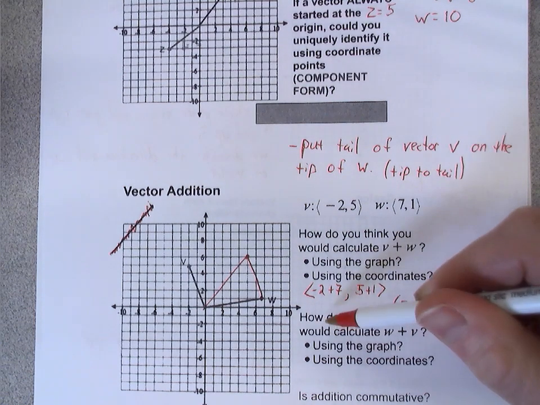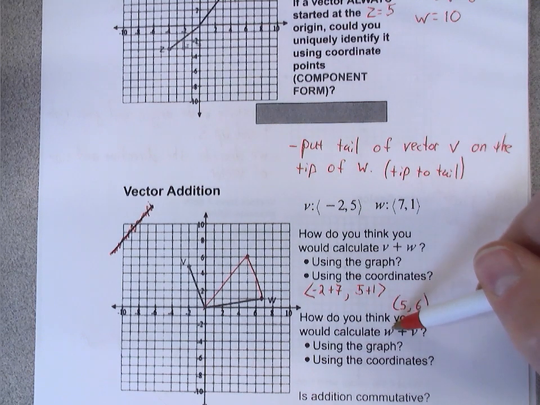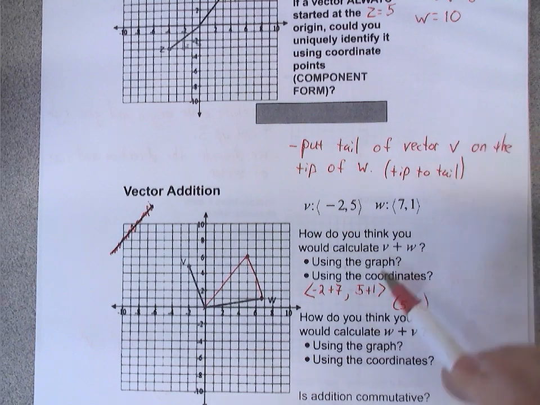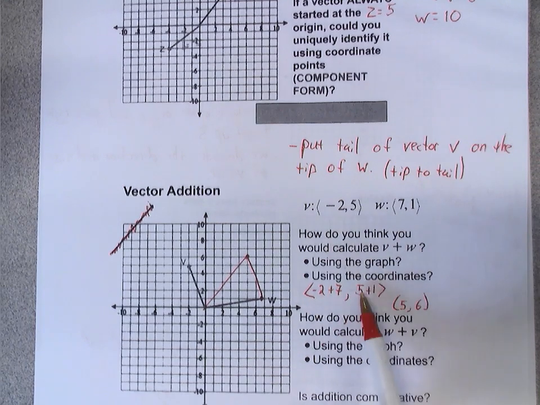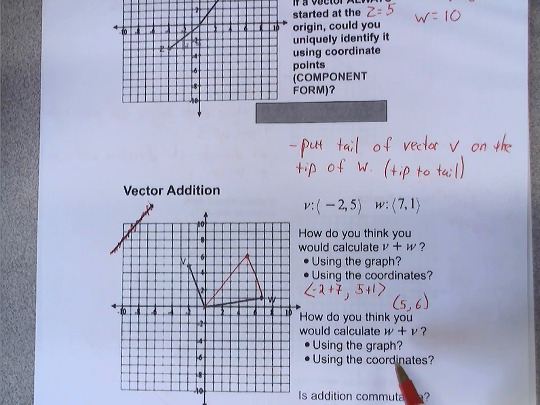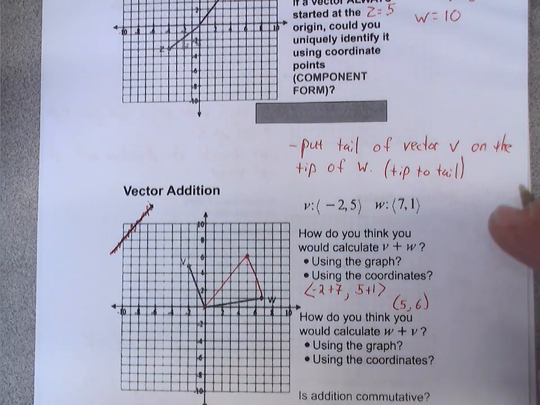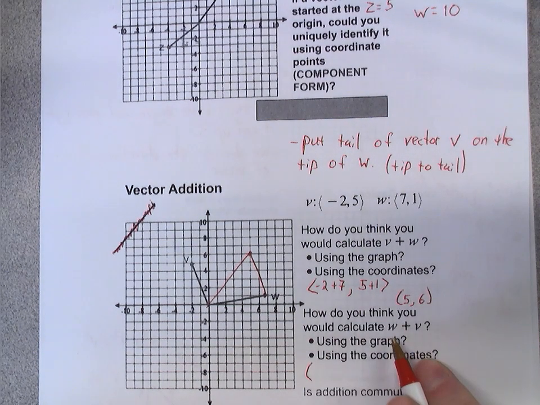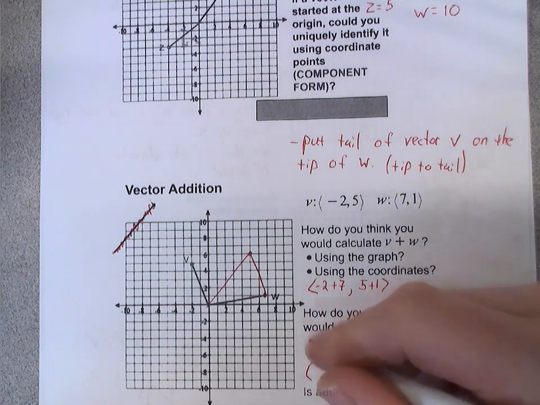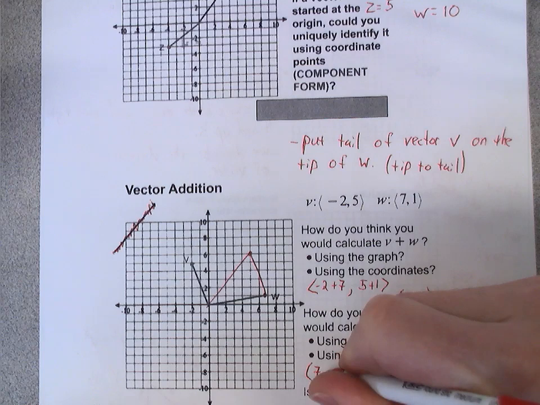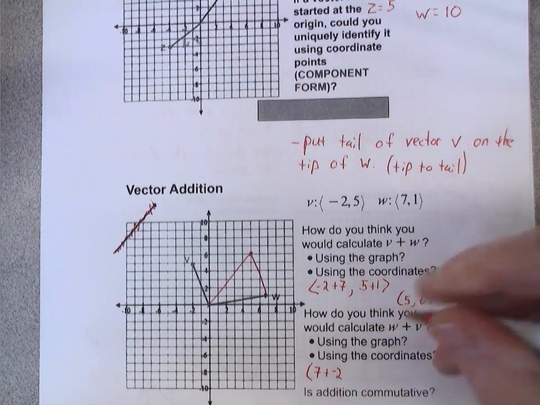How do you think you would calculate w plus v? This first one was v plus w, right? Because we took the v's first and then added them to the w's. So how would you calculate w plus v? Well, very simple. We would just reverse that process. We would take the w's first. So my w here is 7, and then I'm going to add it to -2.